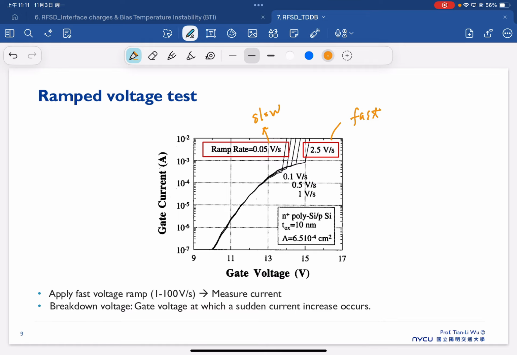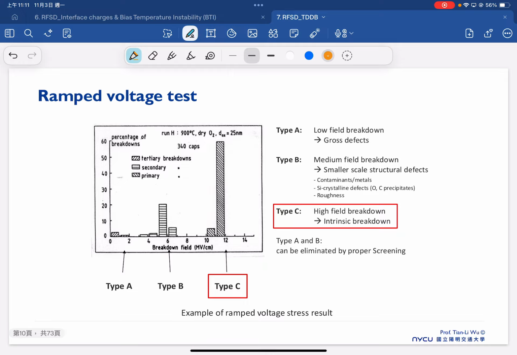So always, if we use the fast ramp, we get a higher breakdown voltage, and if we use the slow ramp, we get a lower breakdown voltage. If you do the ramp rate testing with a large number of devices, you are not testing only one, you test 100, 200. In this case, it is testing on 340 capacitors here, and you will make this statistical histogram.